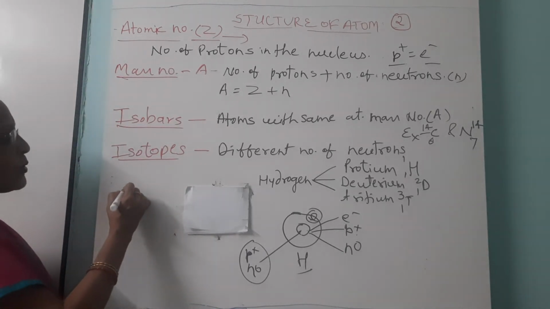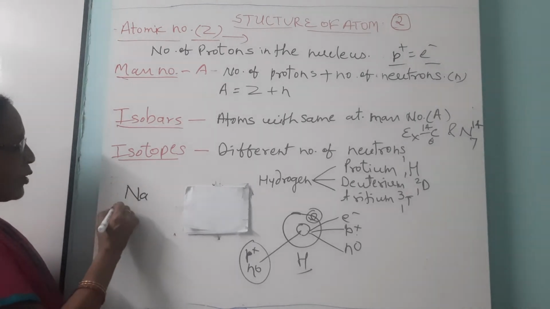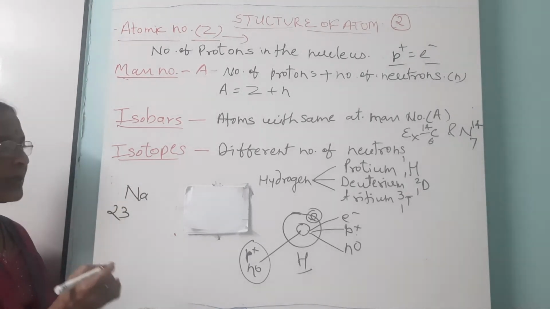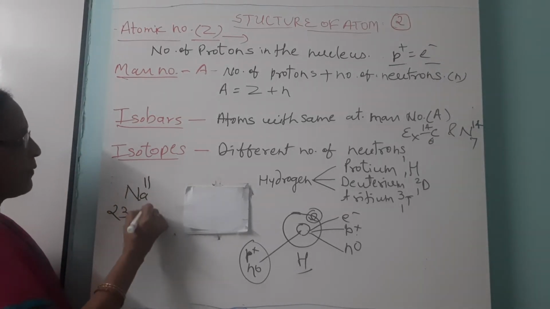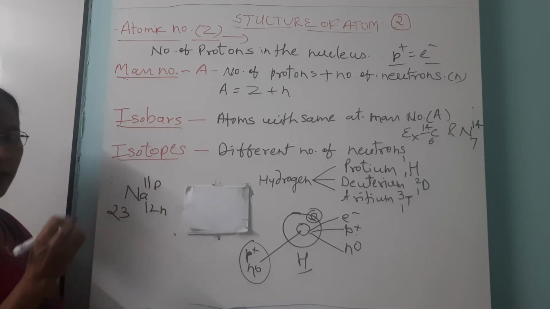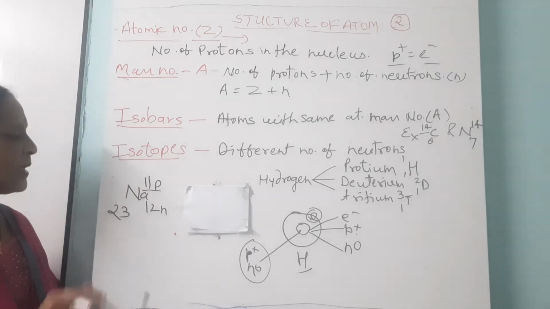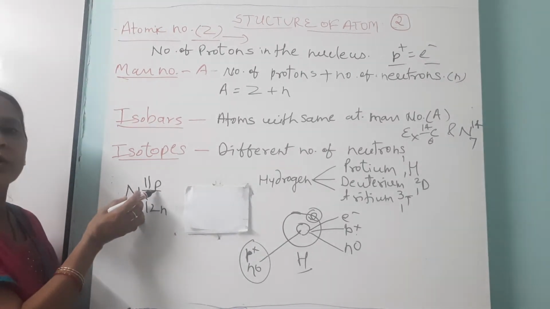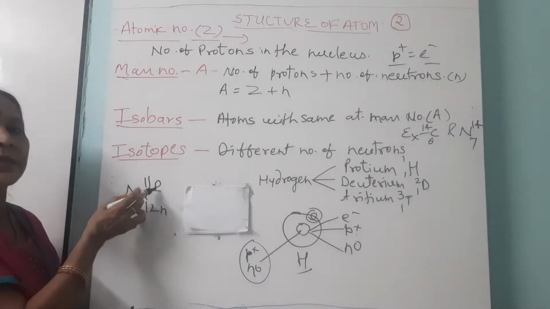Suppose in case of sodium, the atomic mass of sodium is 23. In sodium there is presence of 11 protons and 12 neutrons, that is 11p, 12n. So I can say the atomic number of sodium is 11, because the number of protons present is 11.